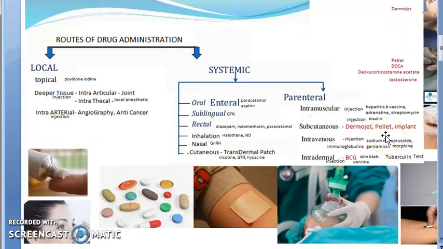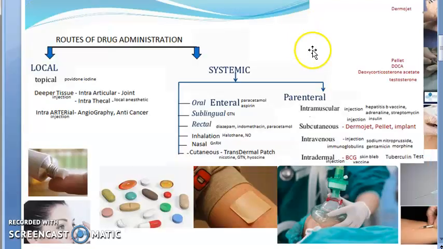Then you have parenteral: intramuscular, subcutaneous, intravenous and intradermal. So don't get confused between transdermal and intradermal. Transdermal is a patch, intradermal is an injection.